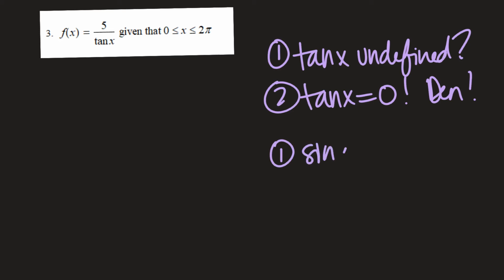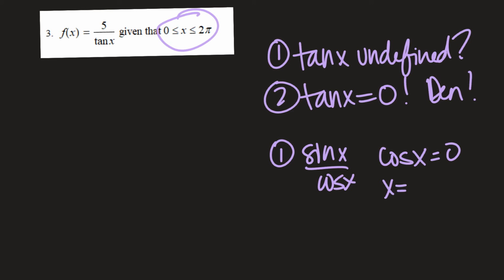Remember that tangent is sine over cosine, and notice that we have this interval that we're bound between, so we're not talking about infinite values. Everywhere cosine is equal to 0, tangent is undefined. So cosine is 0 at pi over 2 and 3 pi over 2.